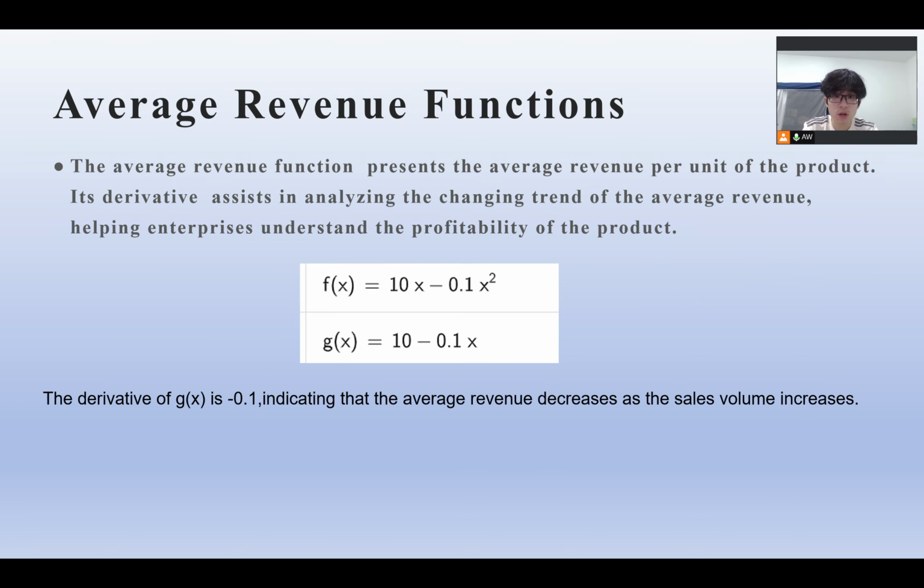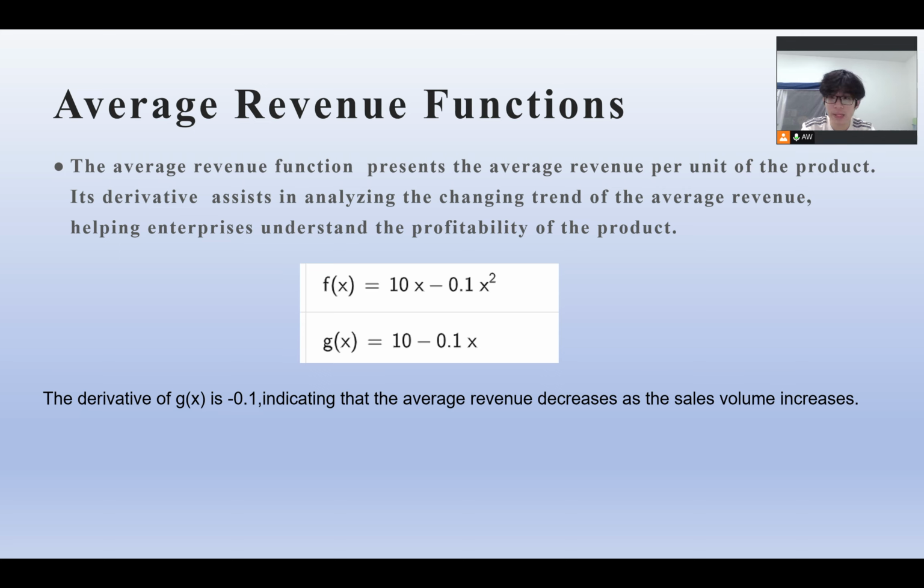And the average revenue function is the same. The average revenue function represents the average revenue per unit of the product. Its derivative assists in analyzing the change rate of average revenue, helping enterprises understand the profitability of the product.